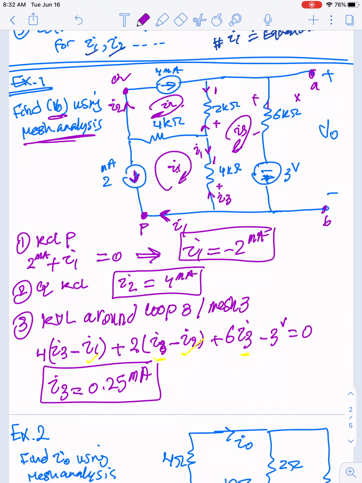So in order to find VO, as long as you are asked to find a voltage, most probably you have to use KVL. So in order to find VO, I have to do KVL around this loop. Okay, so doing KVL around, let's say, loop 4.